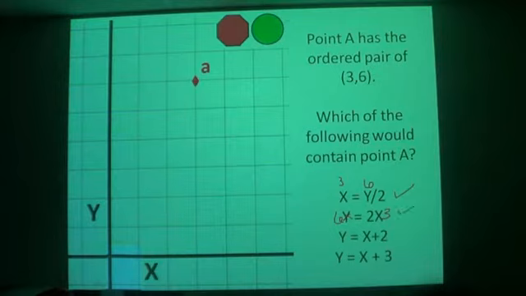Ka-ching. You could look at this and say, all right, 6 equals 3 plus 2. No, 6 does not equal 5. Bang, that didn't satisfy it. And you could look at this and say, all right, y is 6, x is 3. Does 6 equal 3 plus 3? Yes, it does. Ka-ching, that works. So, which of the following? This one, and that one.